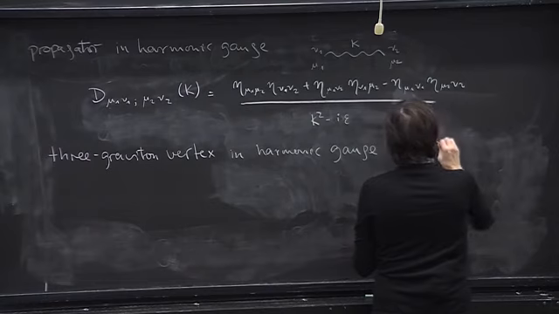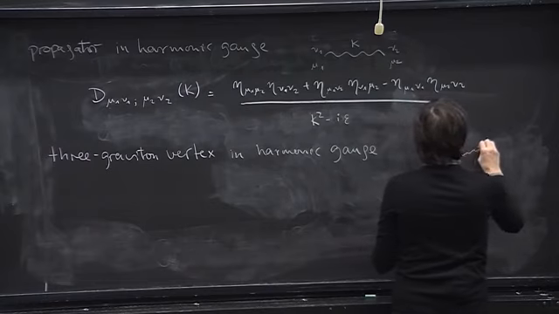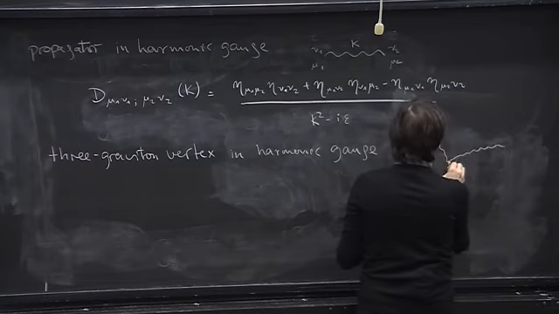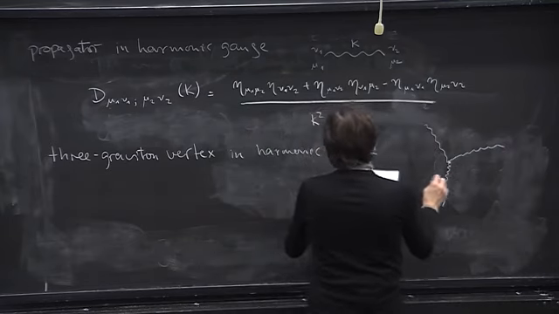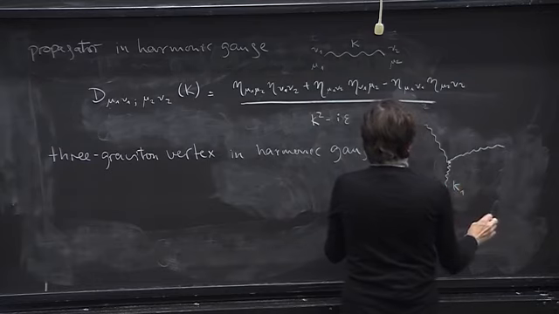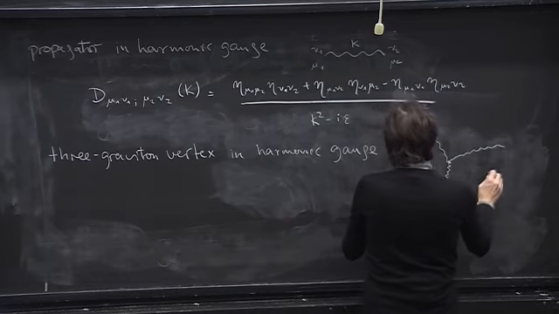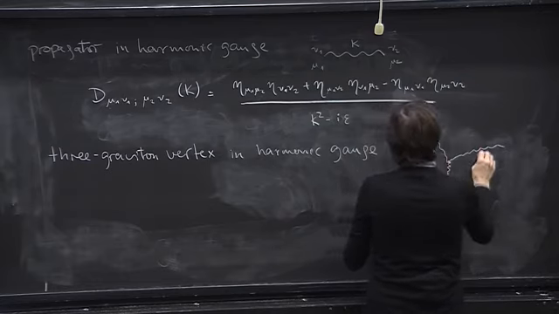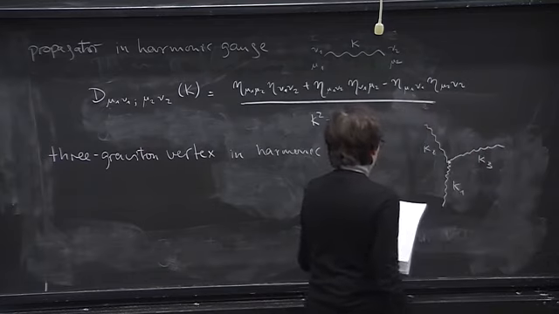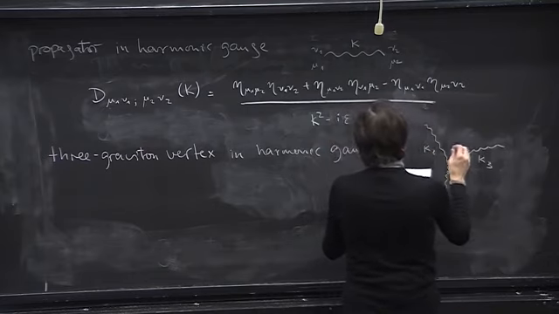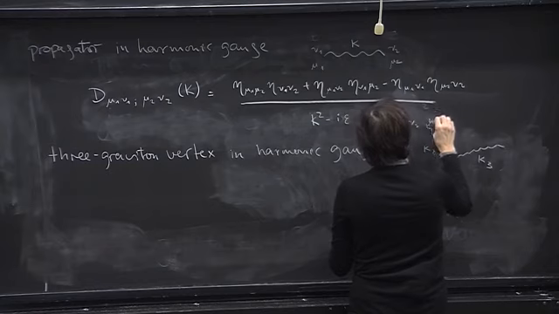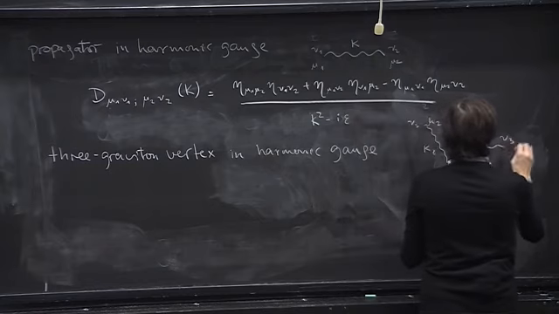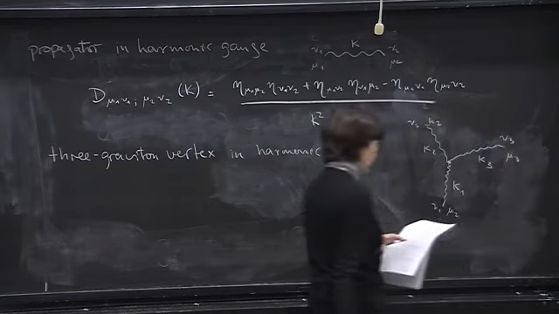Now, this of course corresponds to a threefold intersection, three gravitons meeting, associated with momenta k1, k2, and k3, and index pairs mu1 nu1, mu2 nu2, mu3 nu3.